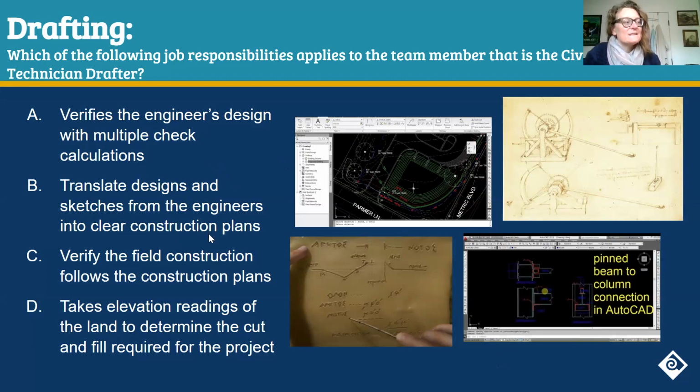B, are you translating designs and sketches from the engineers into clear construction plans? C, are you verifying the field construction follows from the construction plans? Or D, are you taking elevation readings of the land to determine the cut and fill required for a project? What would you be doing if you are the drafting technician?